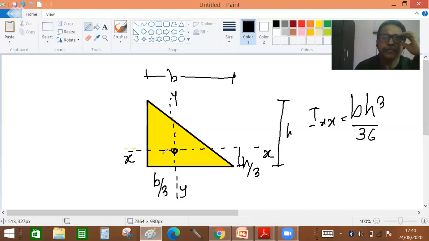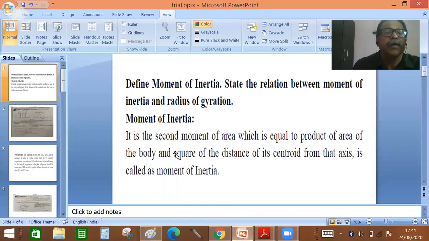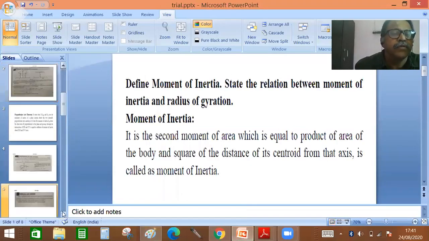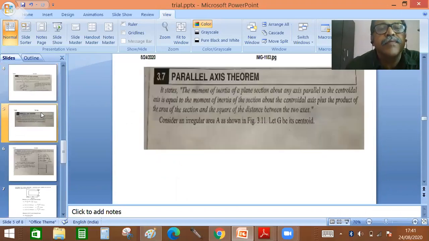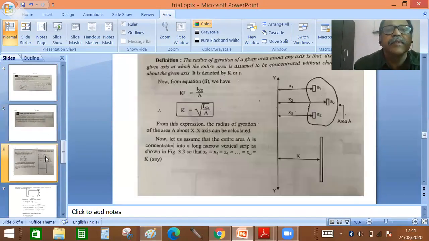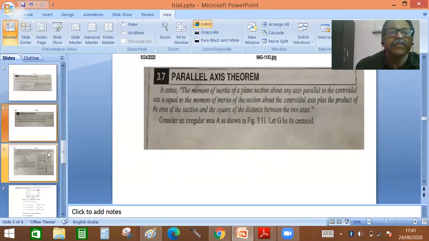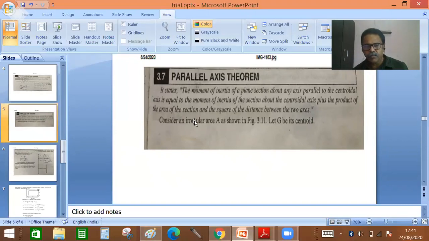Then the next one is another definition you can go for: the parallel axis theorem, then the radius of gyration. The parallel axis theorem is very important, because moment of inertia is a very important and hard chapter of any structural analysis, because moment of inertia itself defines which is the weaker plane of the body.